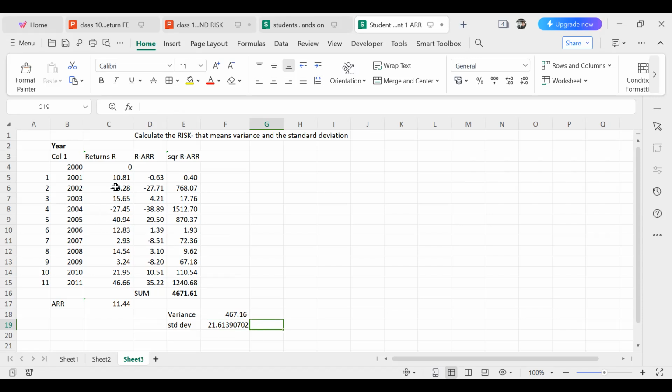For example, 2002 it is minus 16%, but 2005 it is 40% returns. Similarly, 2011 it is 46% returns. So your share prices have increased to that amount. So huge variability is there. Either way, you may benefit depending upon how long you are holding the share.